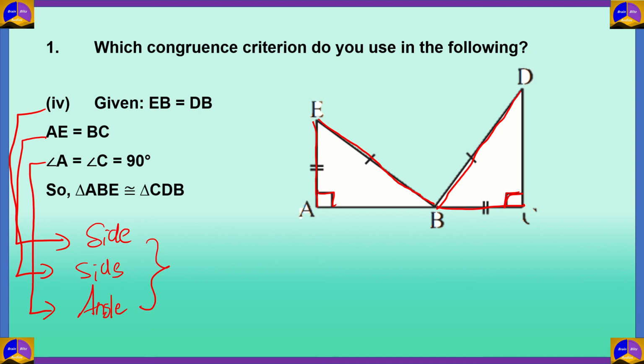And the congruency criteria which is most often used is the RHS, right angle hypotenuse side. Now we can check if it qualifies. Now EB and DB. EB is opposite of the right angle and DB is opposite of the right angle. So this is a hypotenuse.